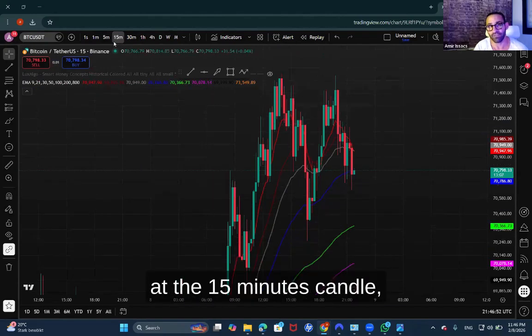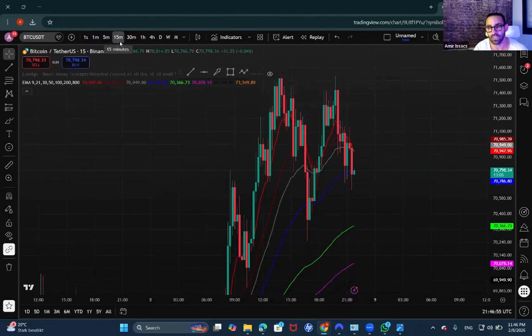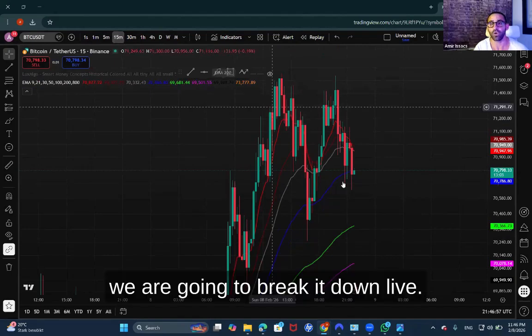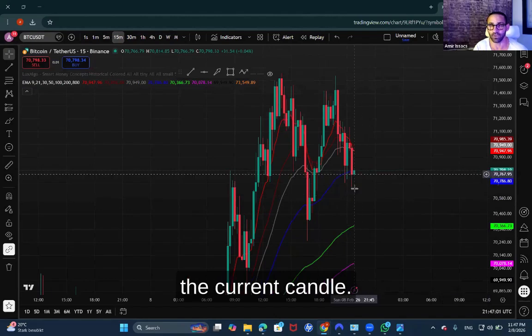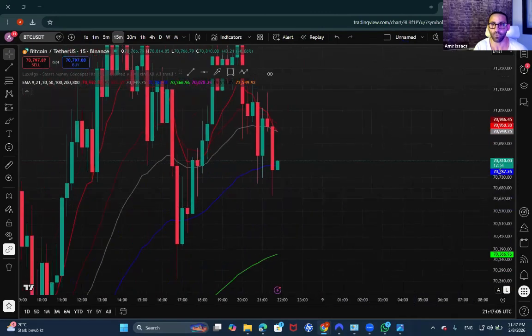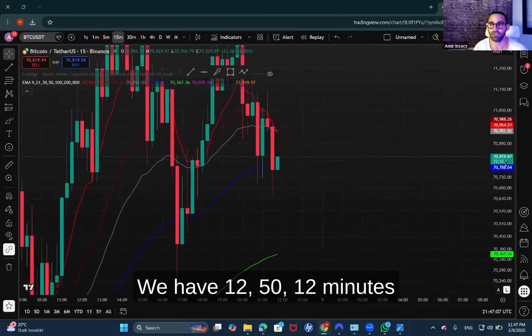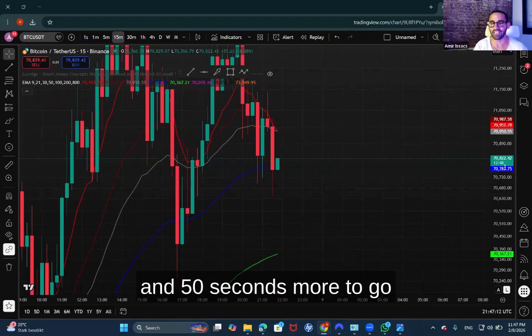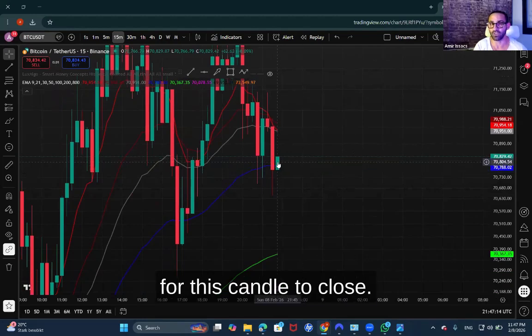So now that we're looking at the 15-minute candle, we are going to break it down live. Right now, this is the current candle. We have 12 minutes and 50 seconds more to go for this candle to close.